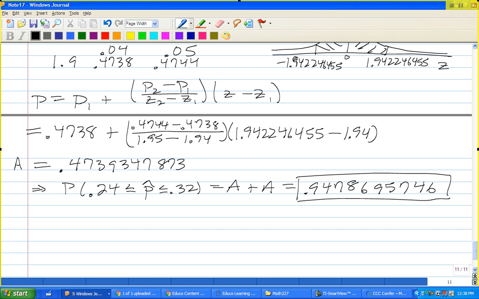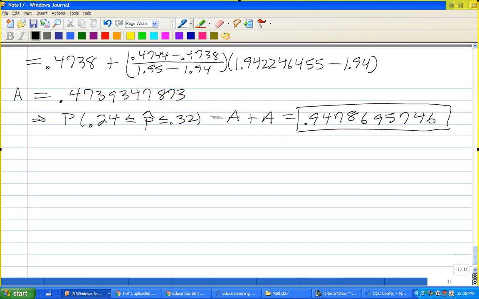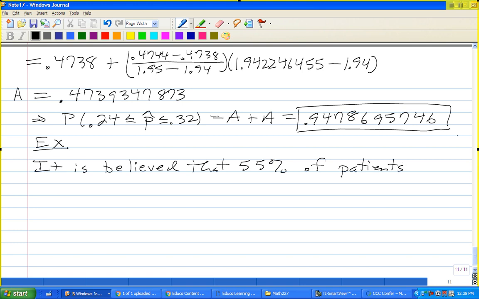Let's do another example. It is believed that 55% of patients coming to suburban HMOs are females.